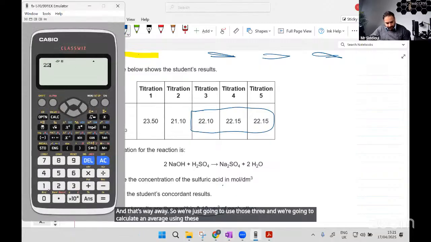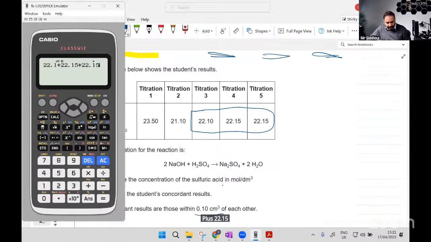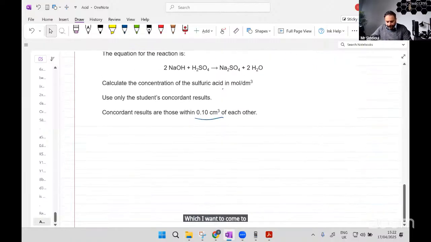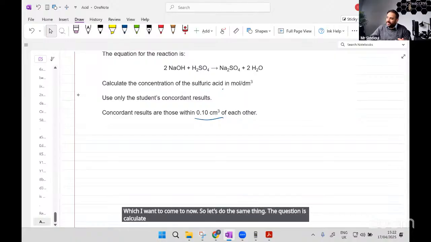So 22.1 plus 22.15 plus another 22.15 divided by 3. We're going to use 22.13. That is our volume of the sodium hydroxide. That's what we're going to use in our table, which I'm going to come to now. So let's do the same thing. The question is calculate the concentration of the acid. As you can see, often if you get into the swing of these questions, you don't really fully need to understand even what's going on.